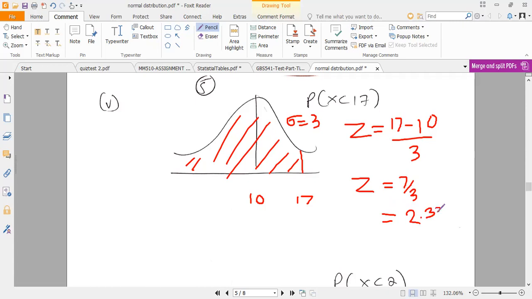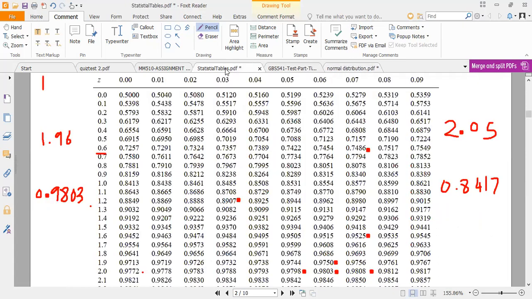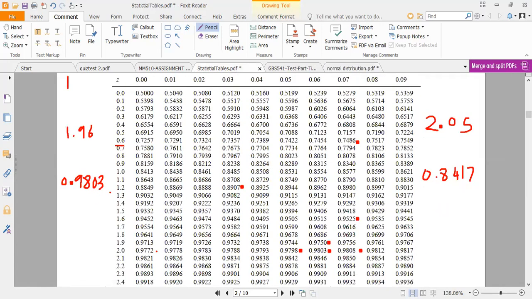Good. Already, this reading is greater than 50, so we're going to read directly, isn't it? We're not going to subtract because this whole region is big. So give me the reading for 2.33 quickly. What is the reading for 2.33?